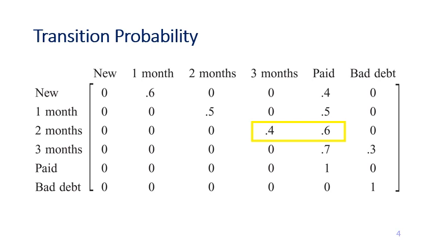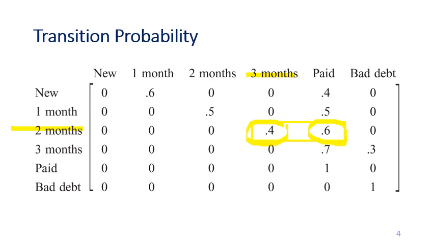So the possibilities are: the person still does not pay this month, so the status of this account next month will be 3 months old. But there is also a possibility that the person will pay you this month. In this case, the status of this account next month will become paid.